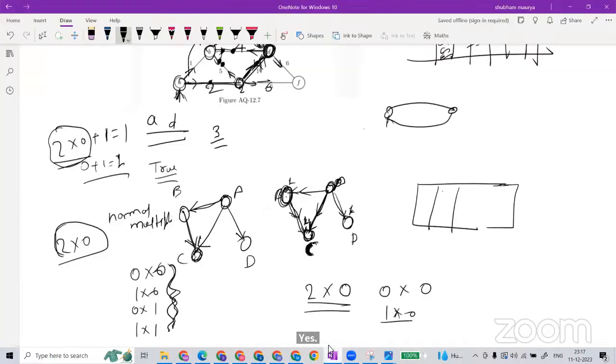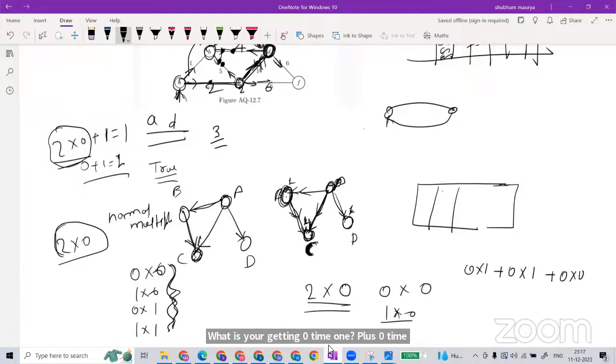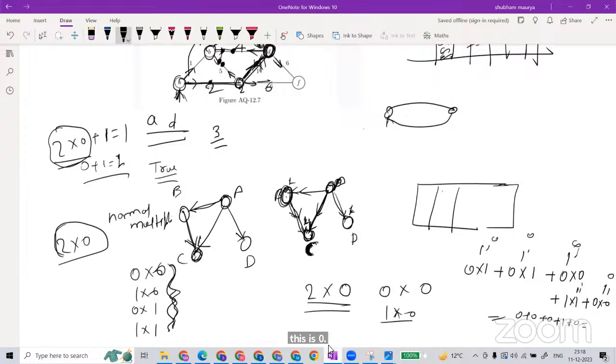So this is 0, this is 0, this is 0, but this is 1 and this is 0. So 0 plus 0 plus 0 plus 1 plus 0, which is 1. That's the way you are getting beta.